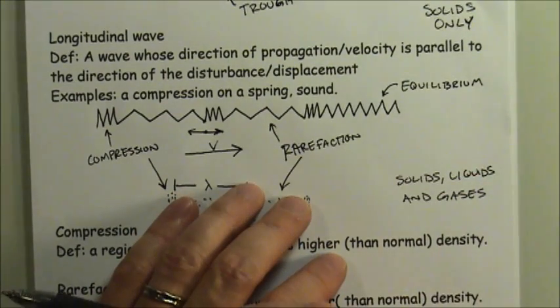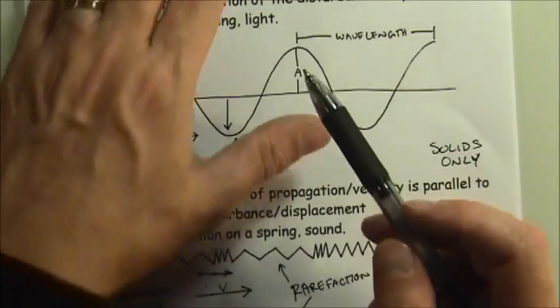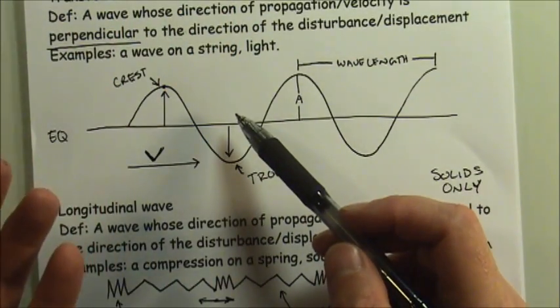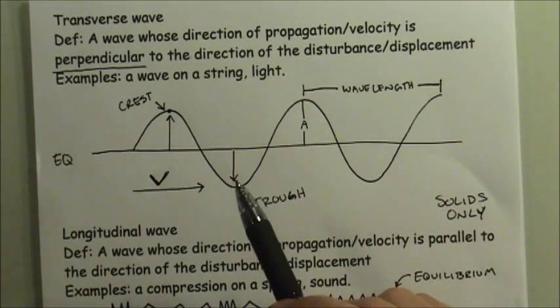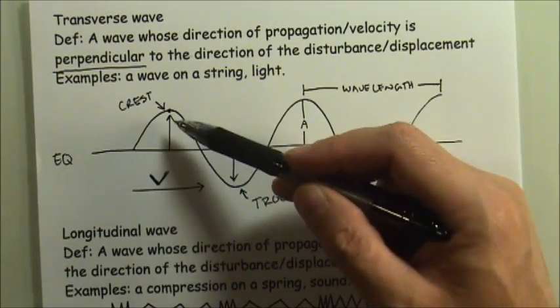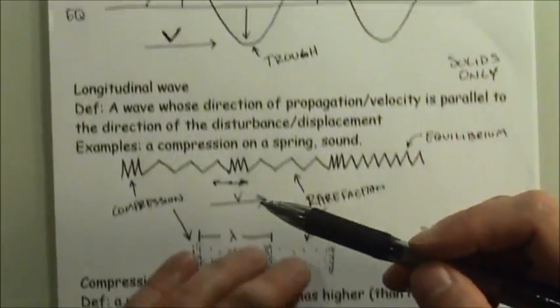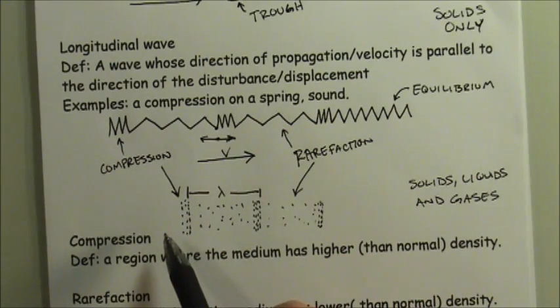If you said that the water waves were transverse waves, you probably would get away with it. They're similar to the transverse waves, but technically the water waves are surface waves. So transverse: perpendicular, the motion of the medium and the wave velocity. Longitudinal: parallel, the motion of the medium and the motion of the wave's velocity.